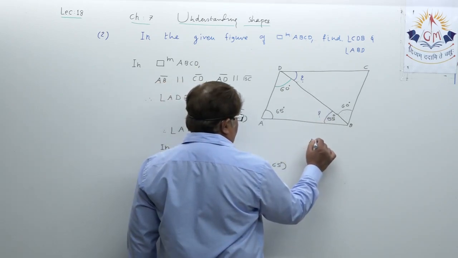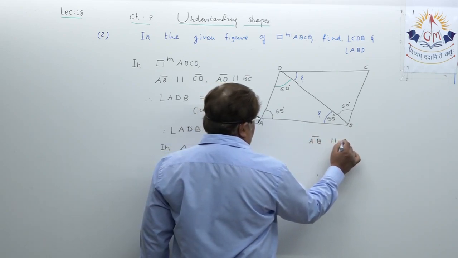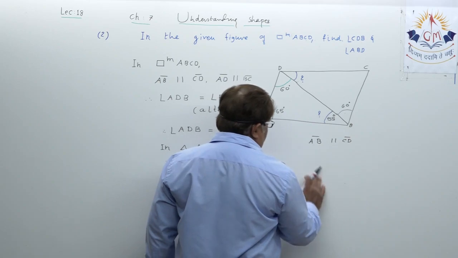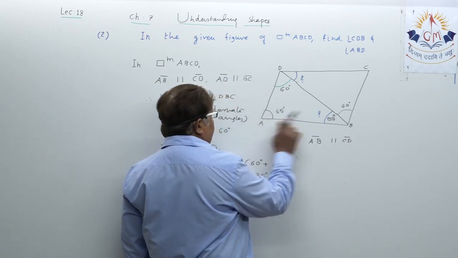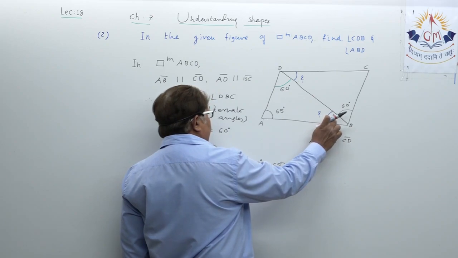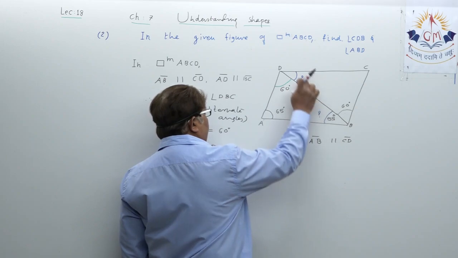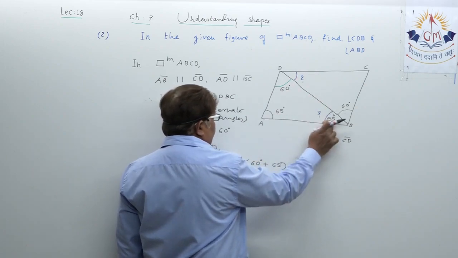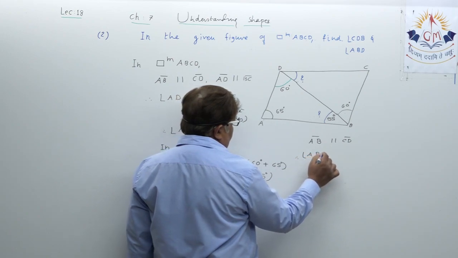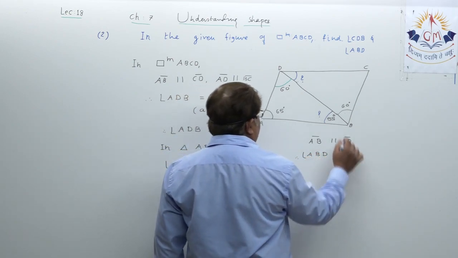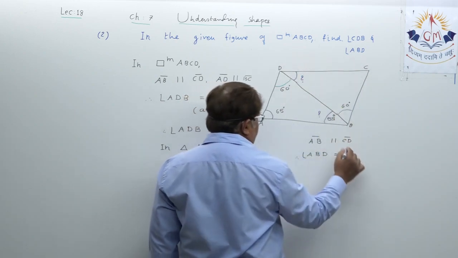AB parallel to CD. Okay. So I will write congruent pair of these two alternate angles. I may write this first. ABD equals, can you name this angle? Angle CDB.